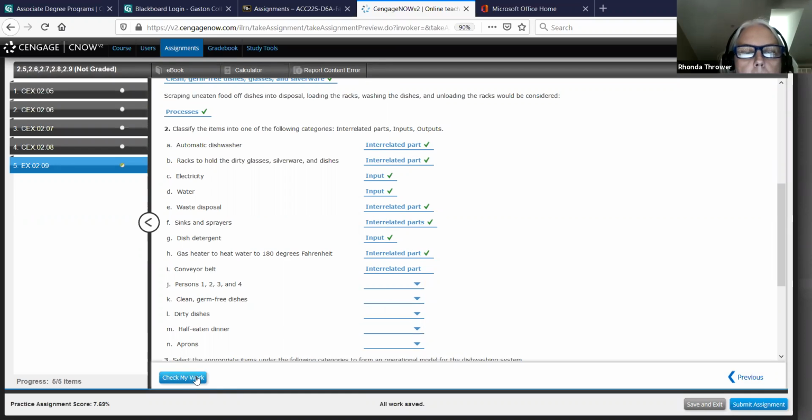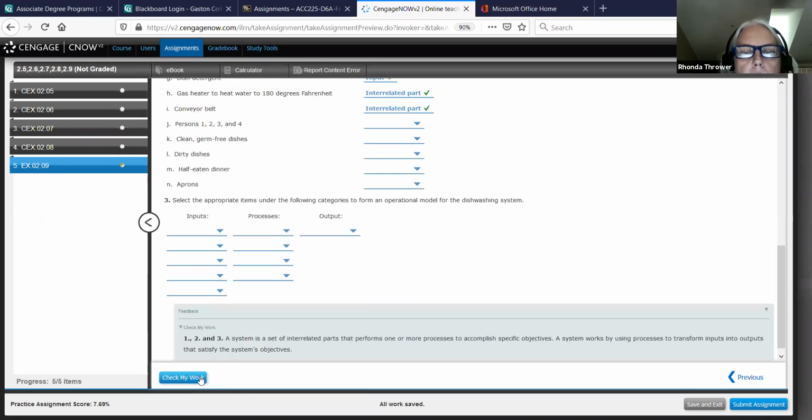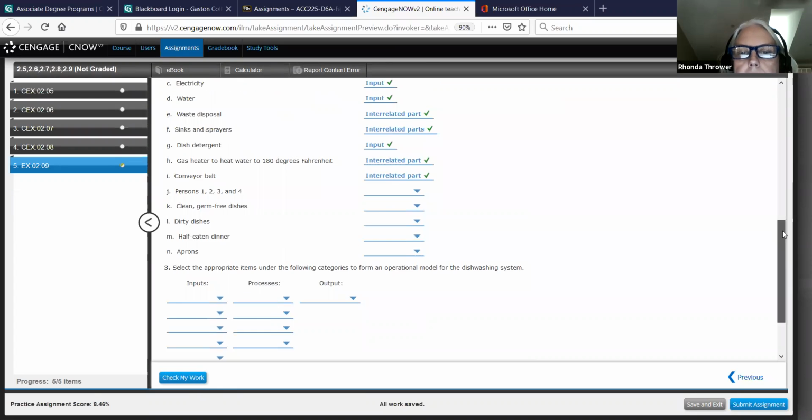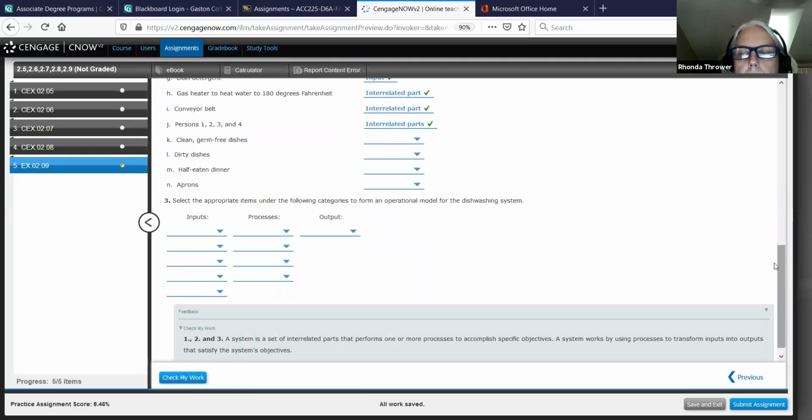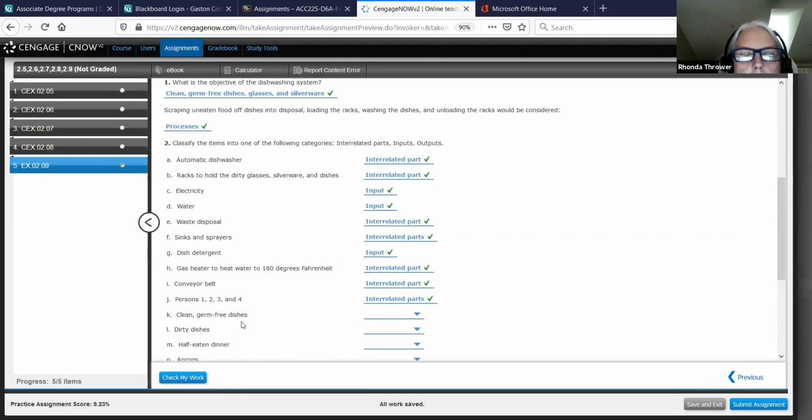The conveyor would be used to move the trays into the area, or actually the dishes into the dishwasher. Persons 1, 2, 3, and 4 are also interrelated parts. Clean, germ-free dishes. This is the output.